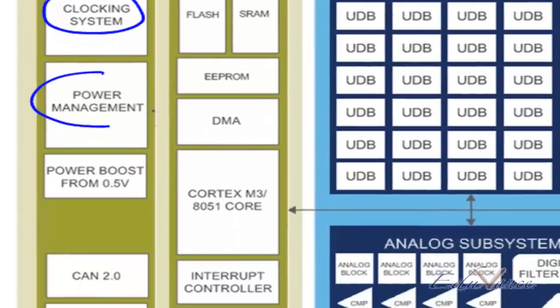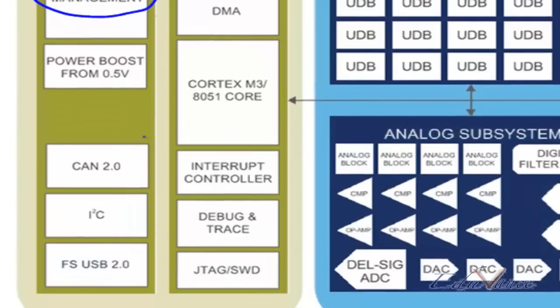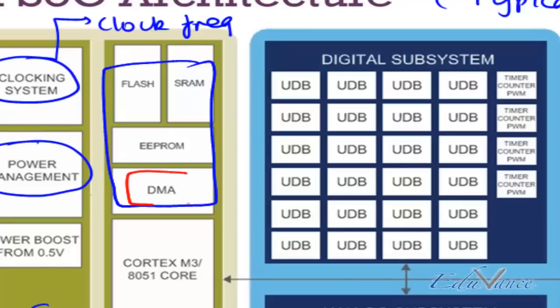Then you have the power management unit, which takes care of the different voltage levels. Then in certain PSoC devices you have a CAN interface core, which is your control area network. You have an I2C, you have a full speed USB. Then in your memory section you have the EPROMs, flash, SRAM. You also have a DMA section.